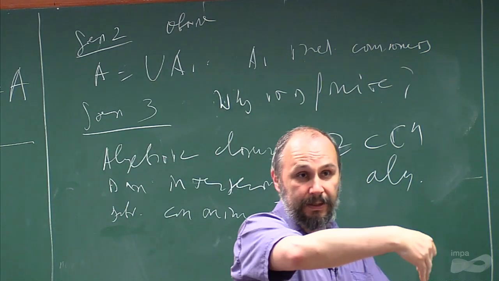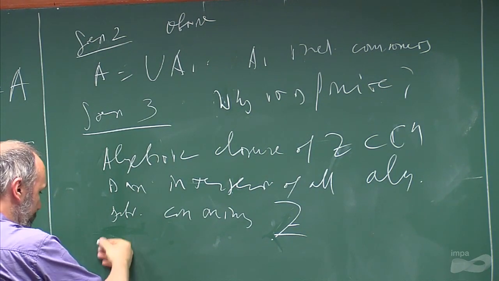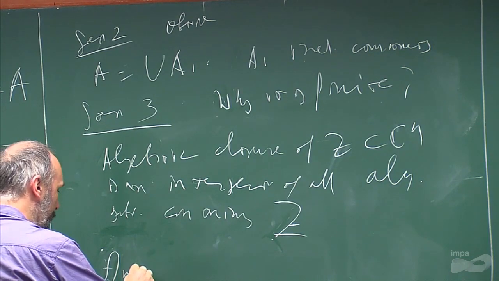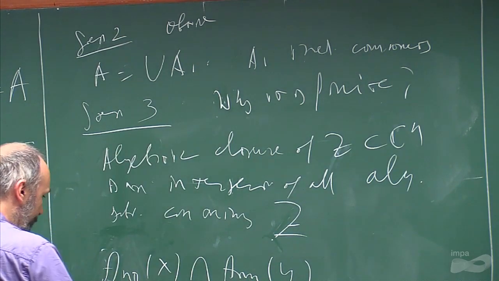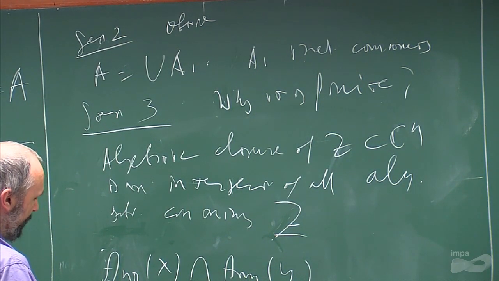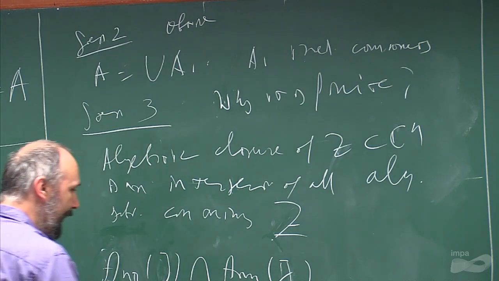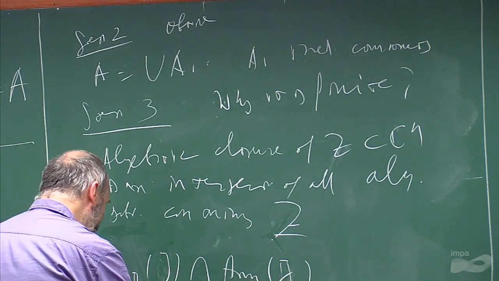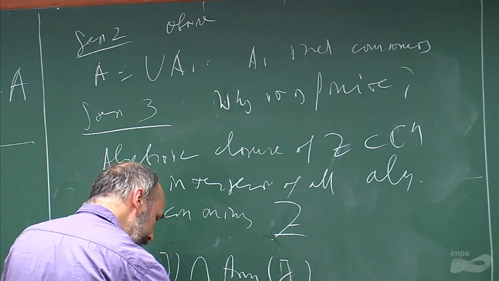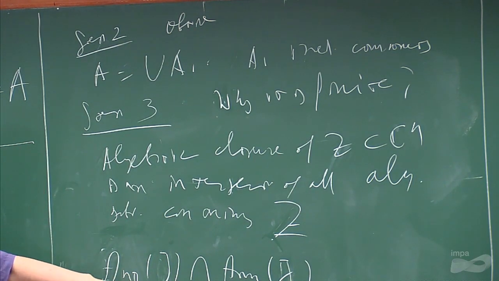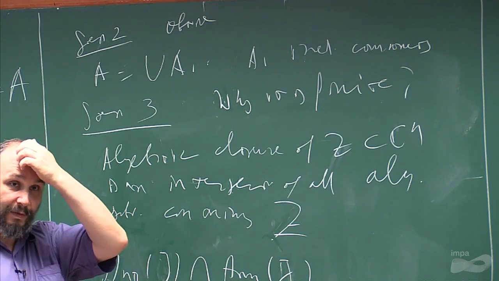Because to have an intersection, the ideal of X is like the annihilator of X, intersected with the annihilator of Y. We start with an ideal I, an ideal J, and the intersection of these annihilators is just the annihilator of I plus J. So if this is given by one set of equations and this by another set of equations, the intersection is given by the union of these equations.